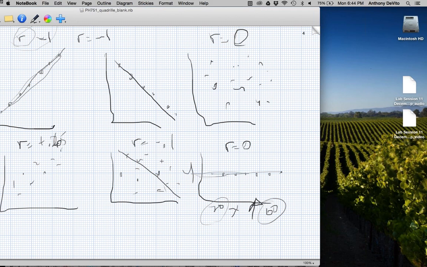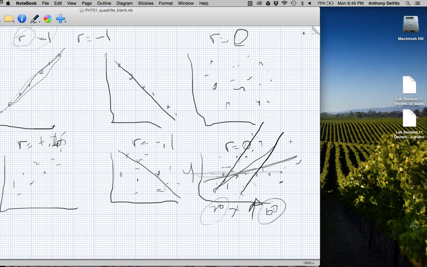Does the degree of the slope have any correlation with the correlation? No. You could have a very small slope and have a very low correlation, or you could have a very big slope with a very tight correlation, a large R, or you could have a very large slope and have a very poor correlation.